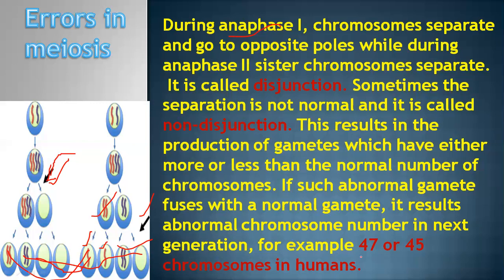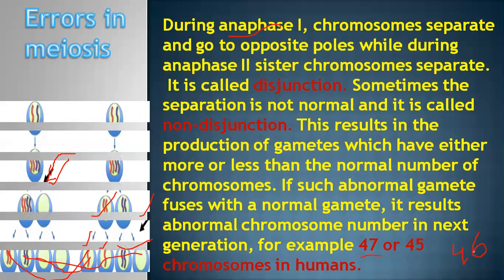If non-disjunction occurs, one cell will have 47 chromosomes and the other will get 45 chromosomes. Both of the gametes are there. By fusion of this one, we'll get 47 or 45. So normally we have 46 chromosomes.